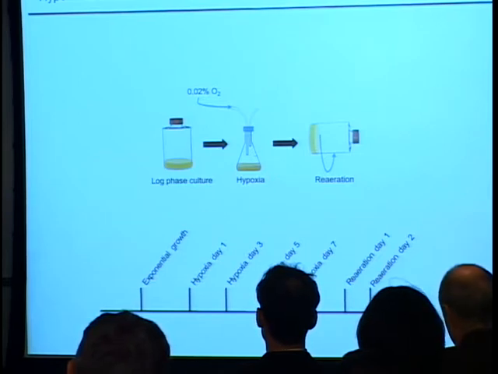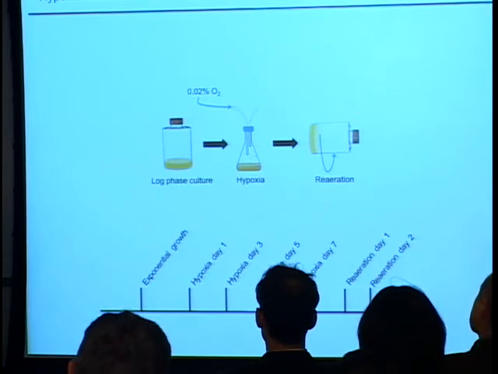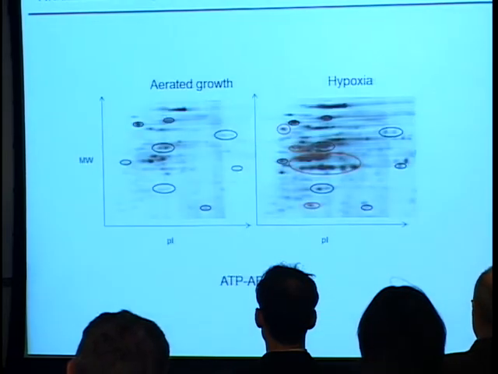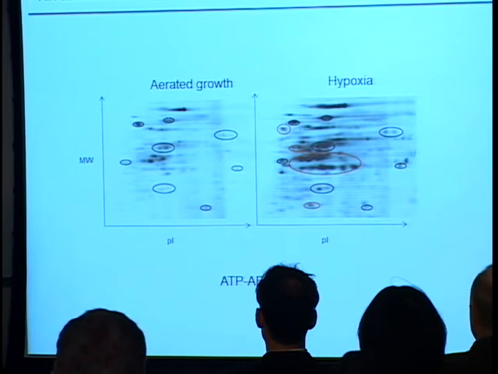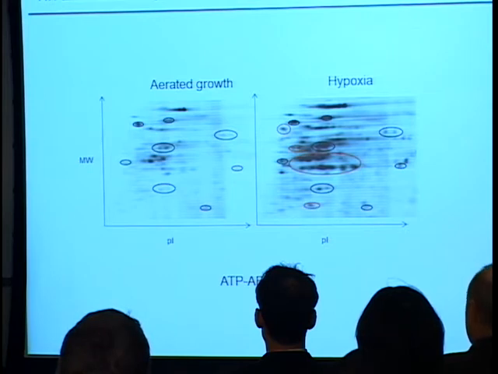They stop dividing, and then you can re-aerate, adding oxygenated air back in. So using this hypoxia system, we then did ABPP, and you would expect that after 7 days of hypoxia, when cells stopped replicating, enzyme activity would actually go down.